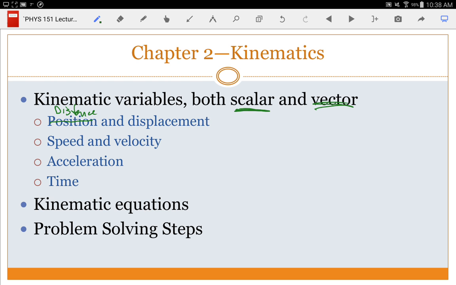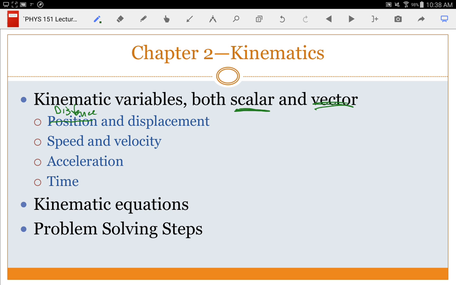Instantaneous must be at an instant, whereas average is over some span of time. But you need to be able to calculate an average velocity, an average speed, an average acceleration. Notice there's only one word for acceleration, thankfully. The word can be used for either the vector or the scalar. You have to pay attention.